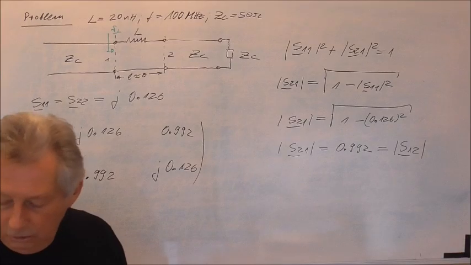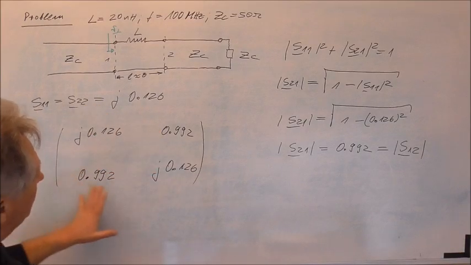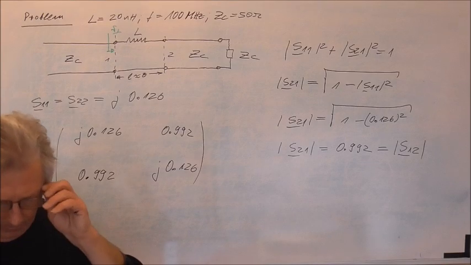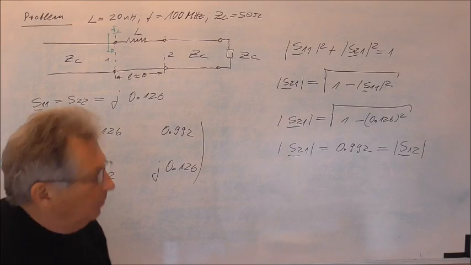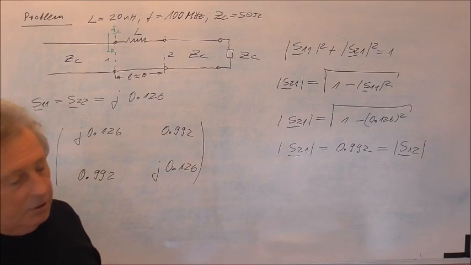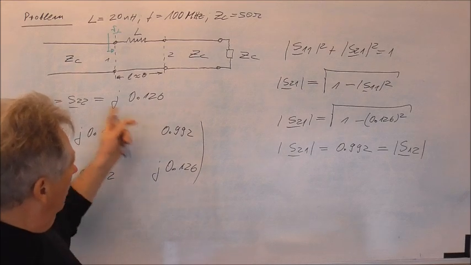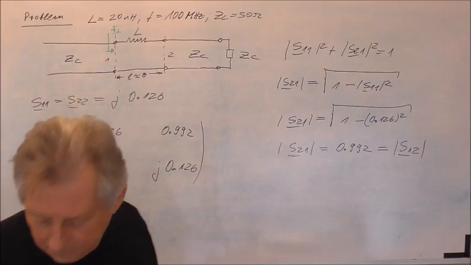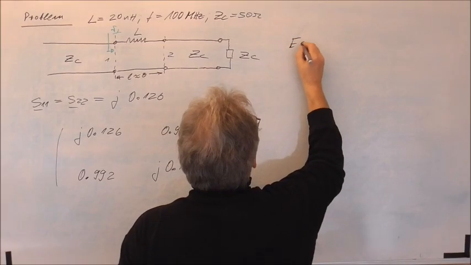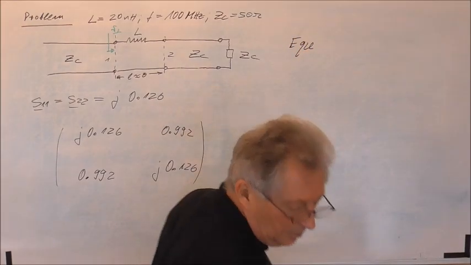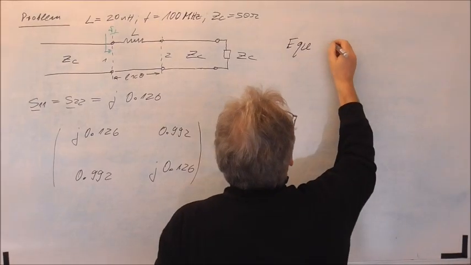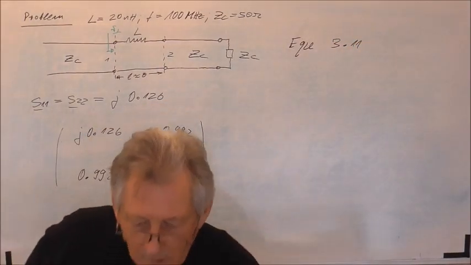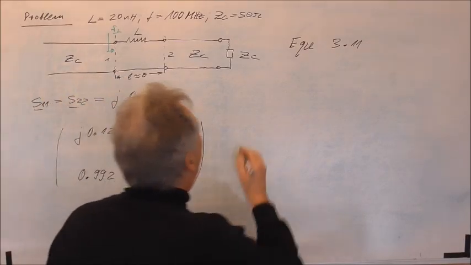What can we use to prove that this S matrix now would fulfill all conditions? Who remembers which further condition any S matrix must hold if it's lossless? It is equation 3.11 in the lecture notes, and this equation is called the phase condition.